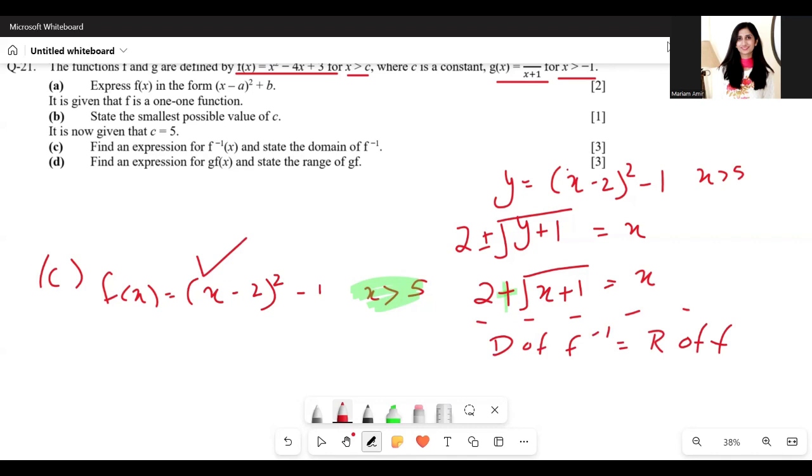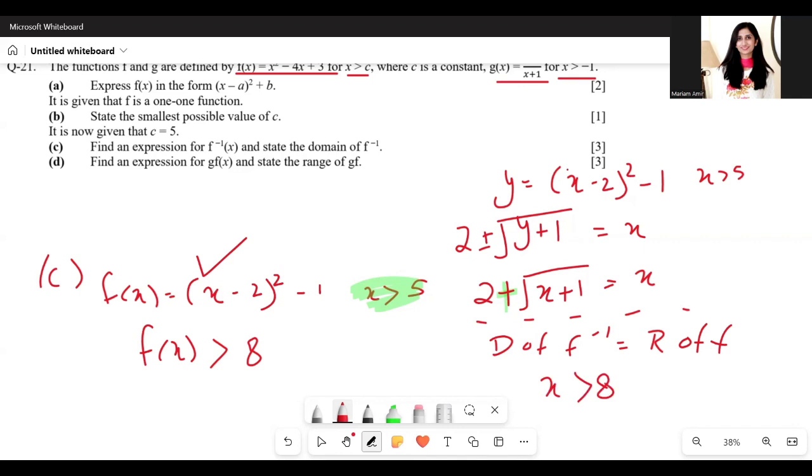Now, if x is greater than 5, then f(x) is going to be greater than, substituting 5 here, 5 − 2 = 3, 3 squared is 9, 9 − 1 is 8. So as x becomes bigger than 5, f(x) becomes bigger than 8. So that is the range of f(x), which is also the domain of f inverse. So we're going to write x is greater than 8. This is the answer.